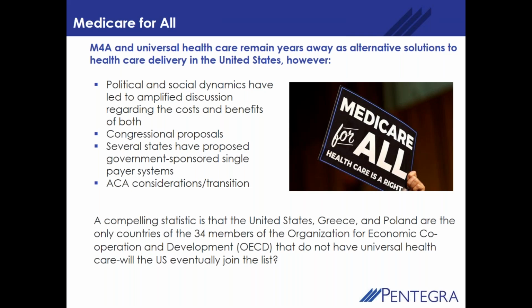However, the arguments in favor of Medicare for All would be lower reimbursement rates, lower administrative costs, and lower prescription drug prices. So it's unclear at this point whether the costs are significantly higher than the benefits or not, and that's going to continue to be discussed.